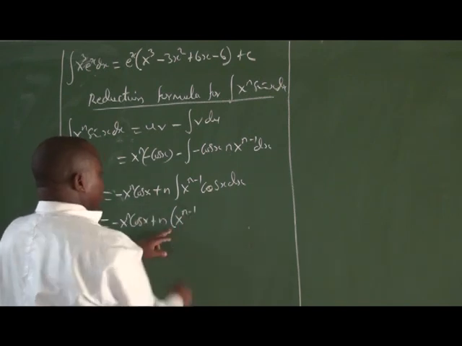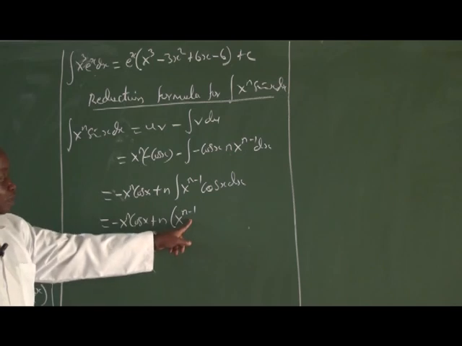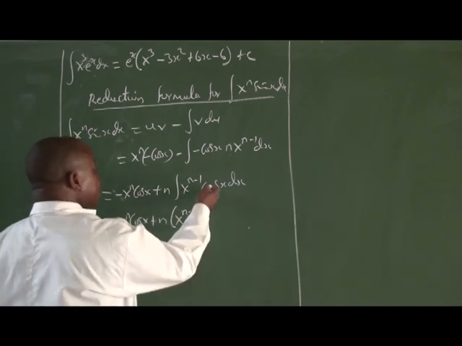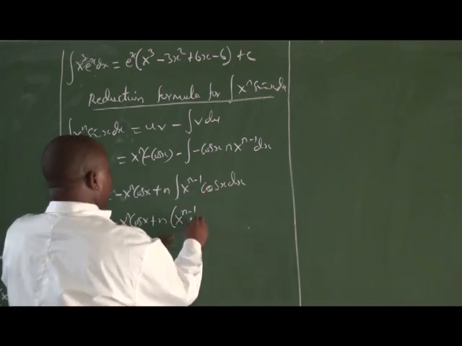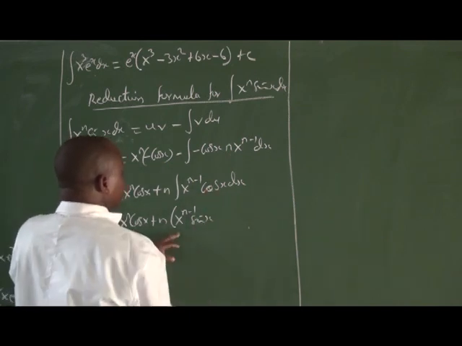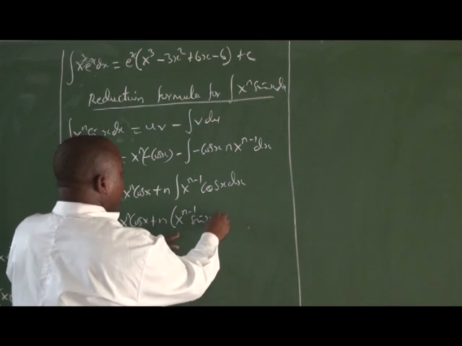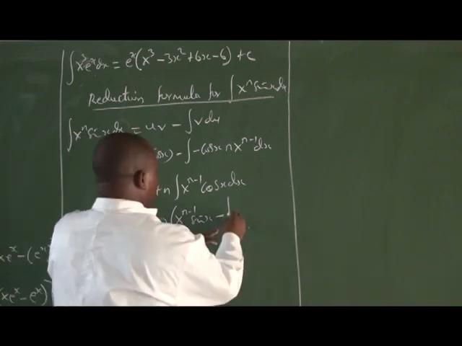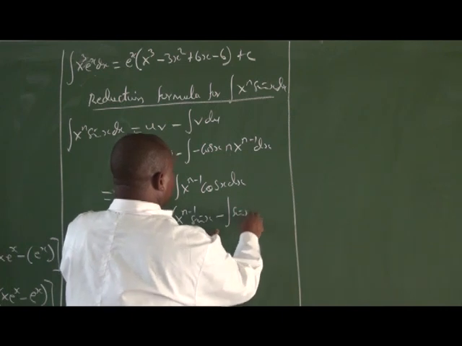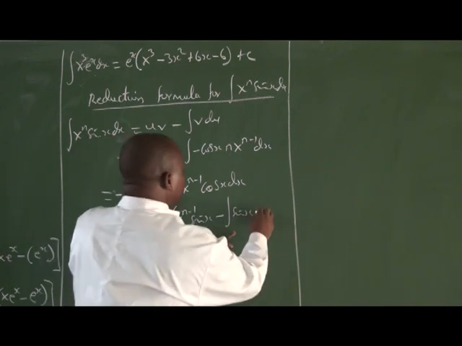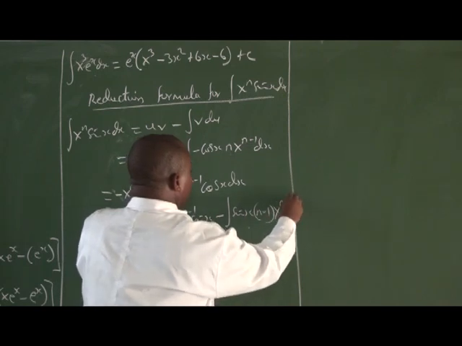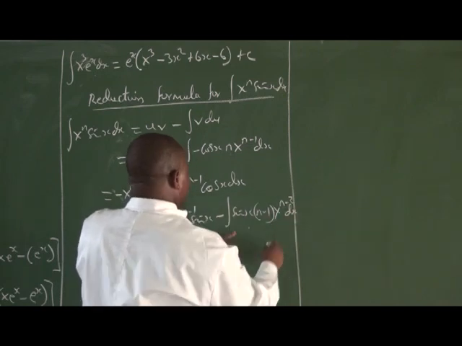U there is x^(n-1), x raised to n minus 1, that's u. Then v. V is the integration of cos. That will give us sine, that's uv, minus the integral of v. V is sine x, then du. Du is (n-1) x^(n-2) dx.